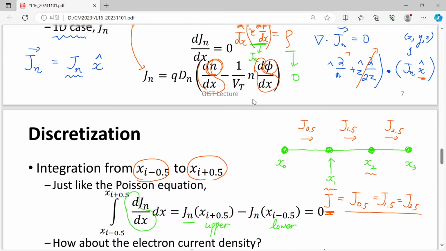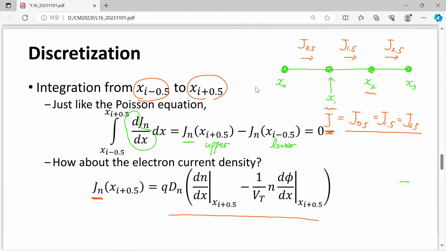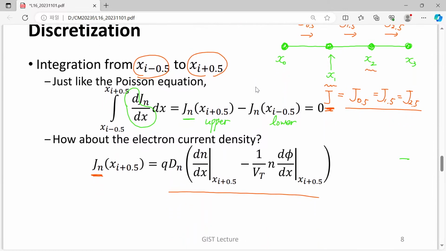Please note, once again, I want to emphasize this point. Here we have two different derivatives. And right now we have to start considering how to discretize these two terms. That is the most critical issue in this lecture, in this semester. Why? We will see it later.